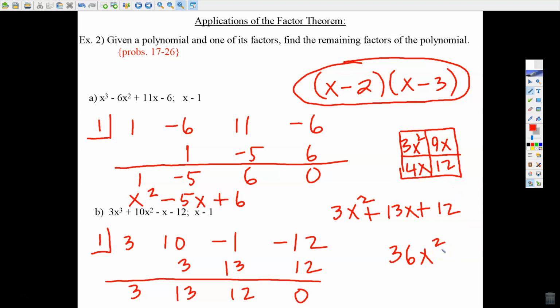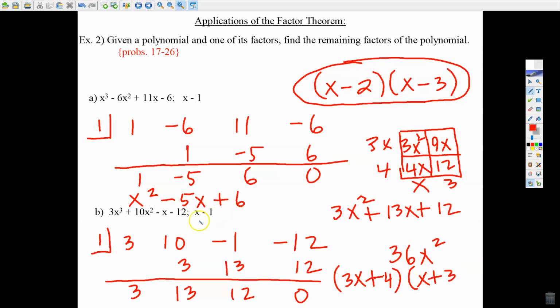And now I find the GCFs of both rows and both columns. So going this way, this row, the GCF would be 3x. And going this way, it would be 4. So there's a factor, 3x plus 4. And then going this way, this first column, the GCF would be x.